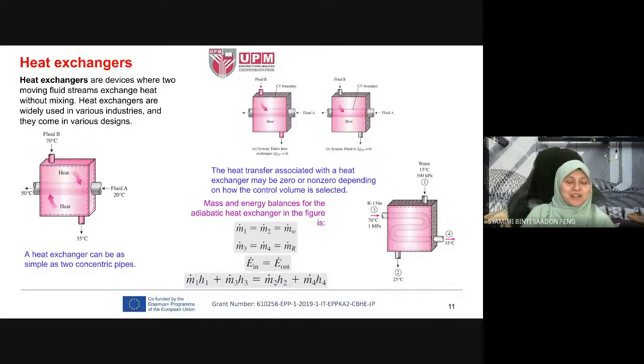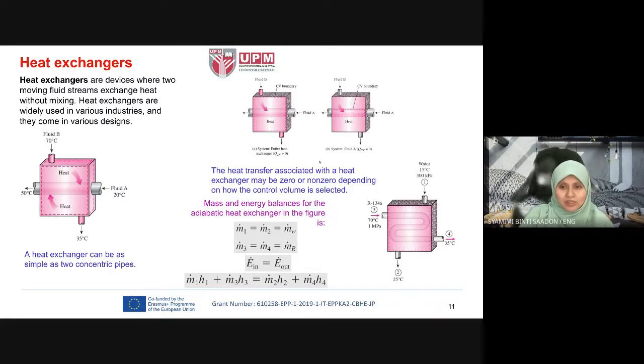This heat source comes from fluid B. So fluid B will give energy, heat, to fluid A, so that fluid A can evaporate, can heat up, increasing temperature from 20 to 50 degrees Celsius. Okay, example, the evaporation process.